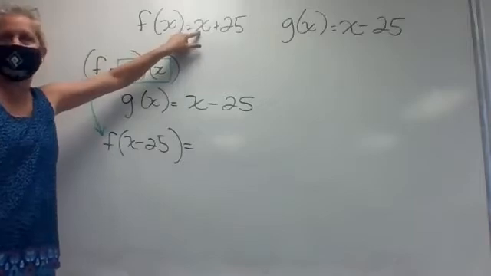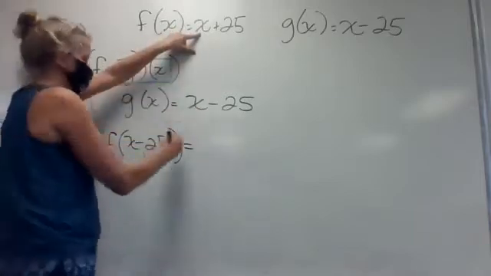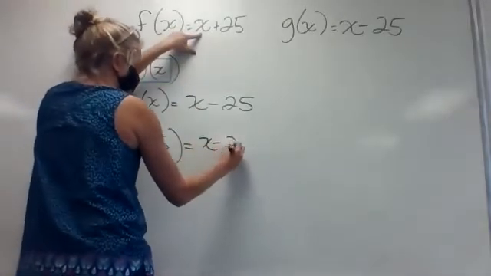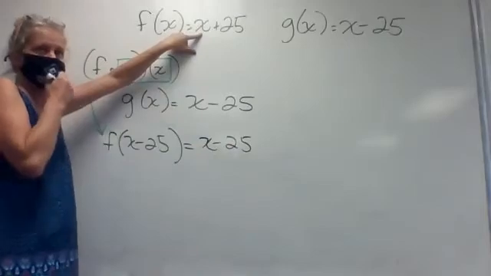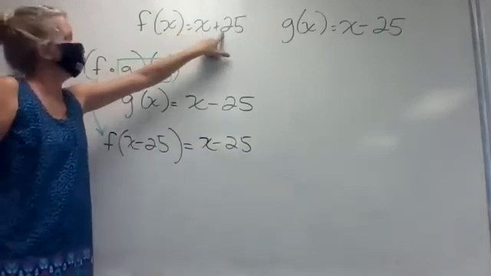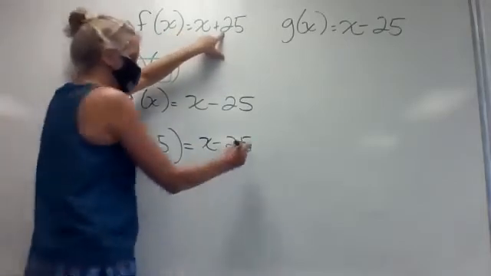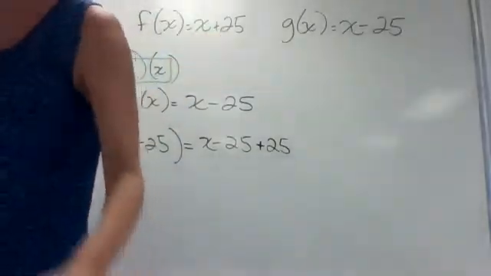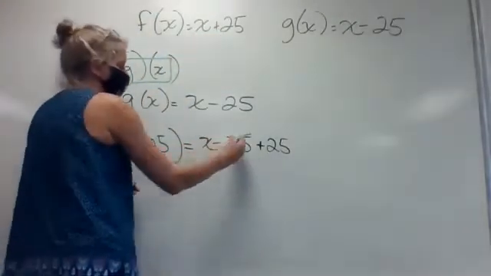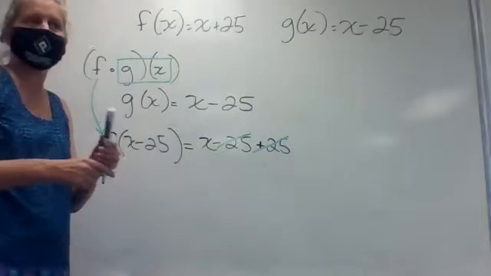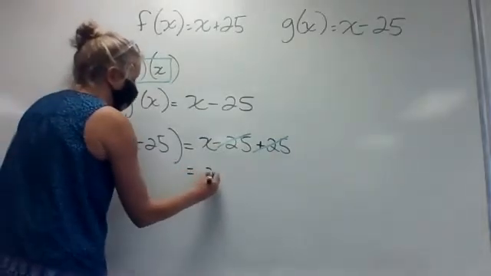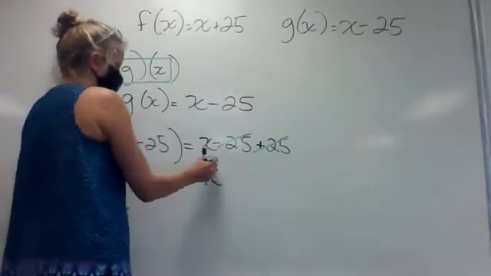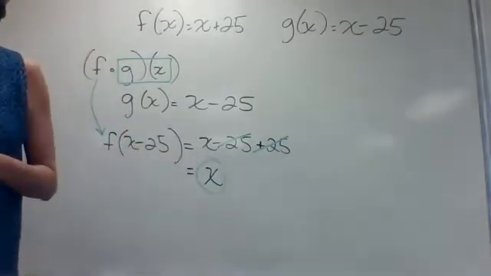So right off the bat, I see the x. Instead of x, I replace it with x minus 25, and then finish the function, so plus 25. And what happens when you combine the 25 and the negative 25? Right, it's just 0. They cancel each other out, so all you're left with is x. So that's the final answer.